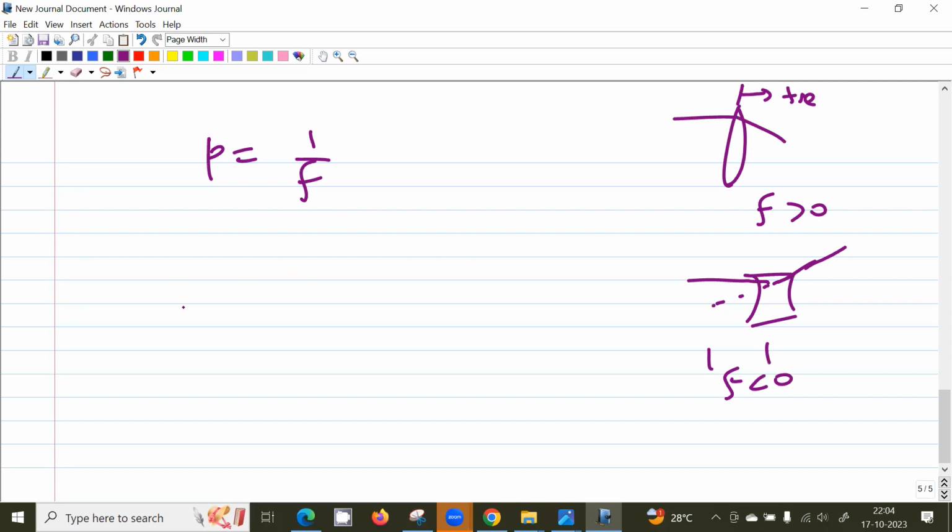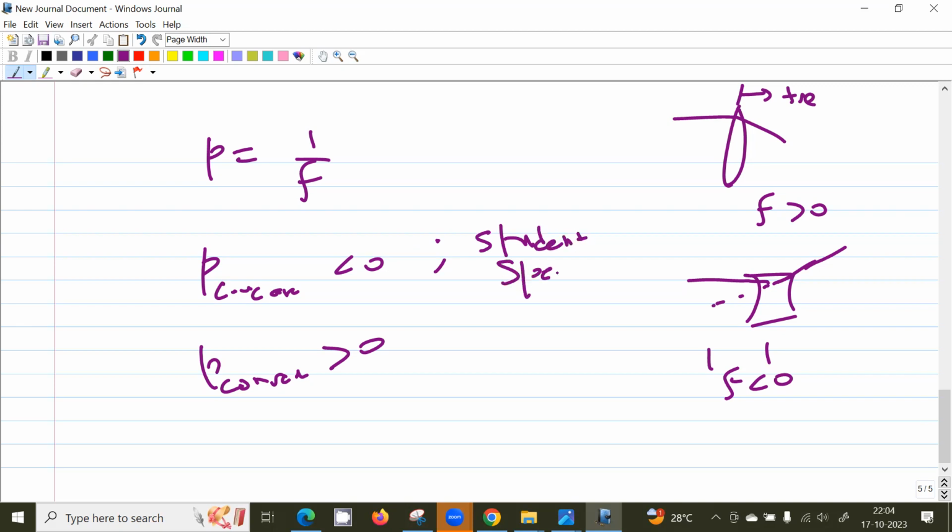So power for a concave lens is negative, and power for a convex lens is positive. So the specs which the students wear, the power will be negative, because it's a concave lens.